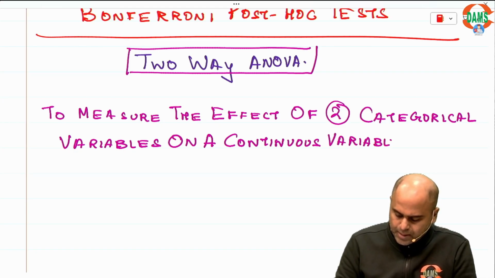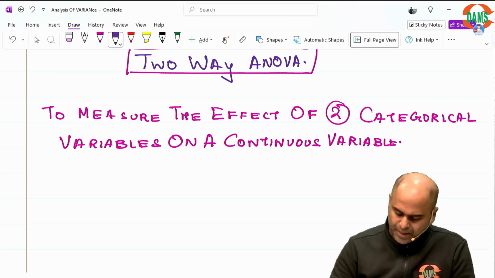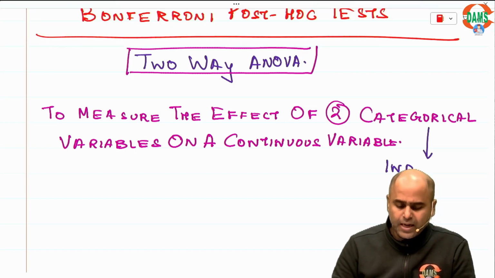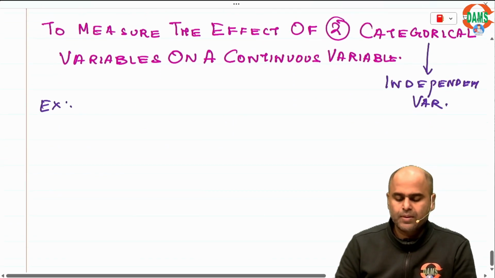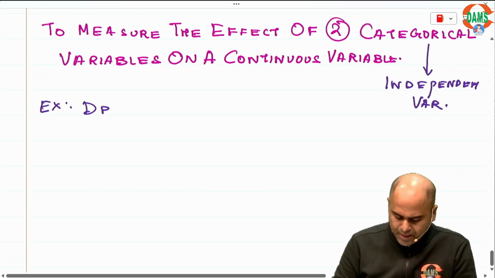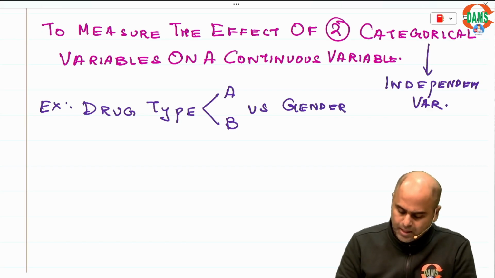Now remember, this categorical variable is basically my independent variable. For example, I am having a look at the drug type A, B versus the response gender wise. How would it vary in a male versus a female?